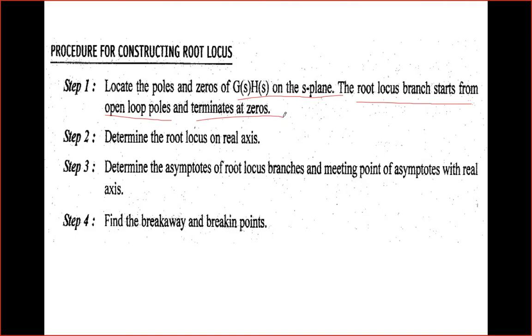This is very important; I may ask during the class. All root locus branches start from open loop poles and terminate at zeros. If you don't find any zeros, then the root locus will terminate at infinity.